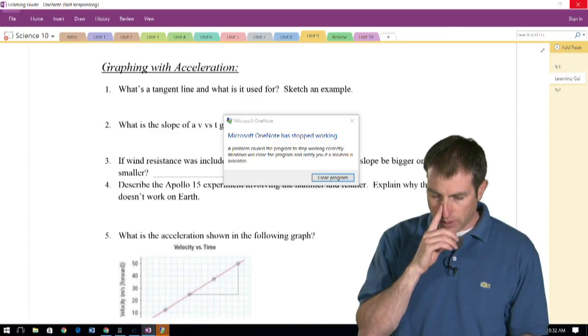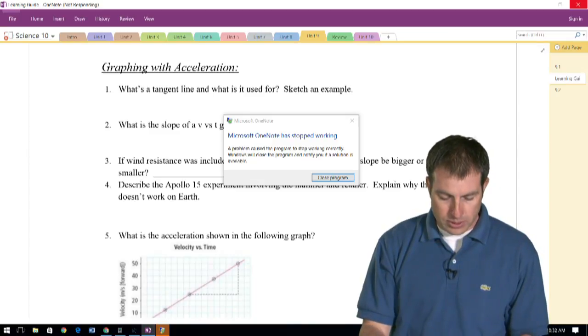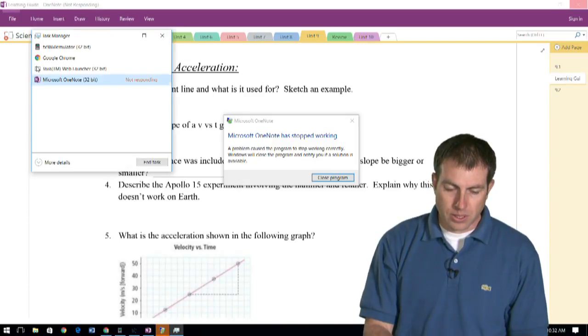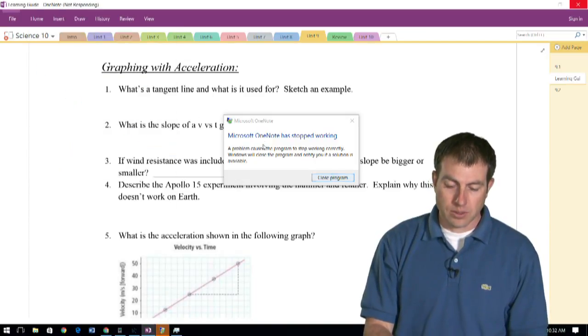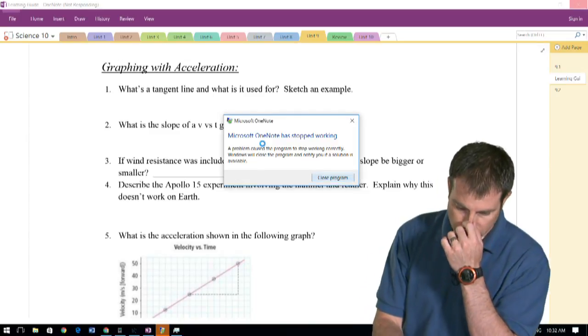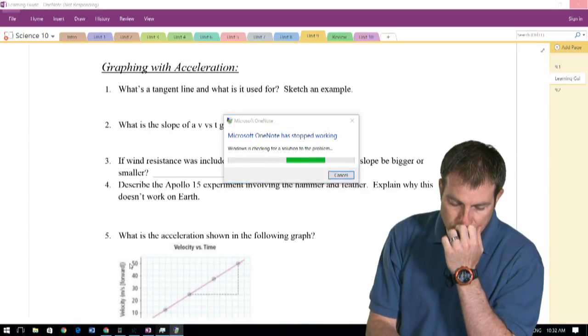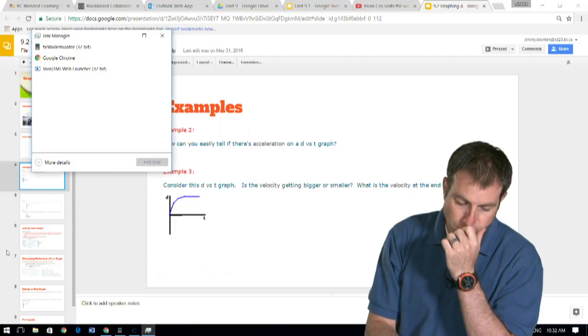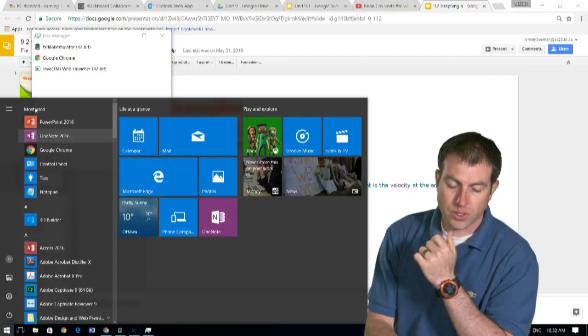There are some other questions, and I really wanted to look at the last question because I think it's a really good question. Let's see if I can restart OneNote.